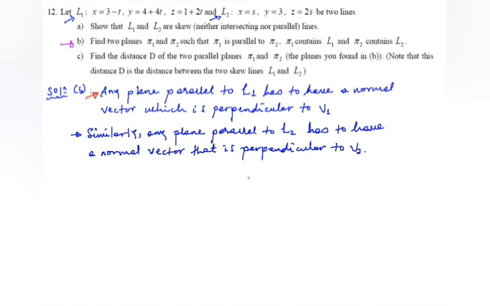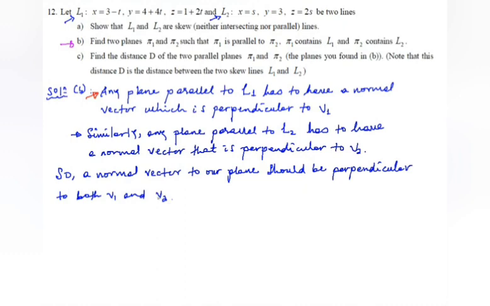So we need this principle. So a normal vector to our plane should be perpendicular to both V1 and V2, where V1 and V2 are the direction vectors for the two lines.